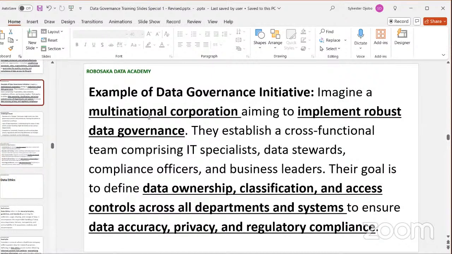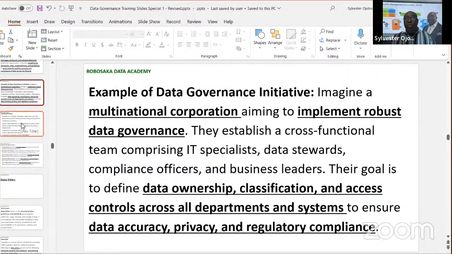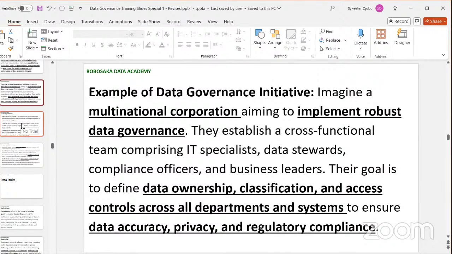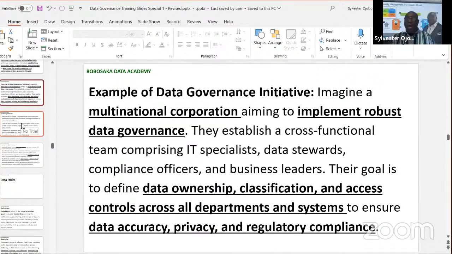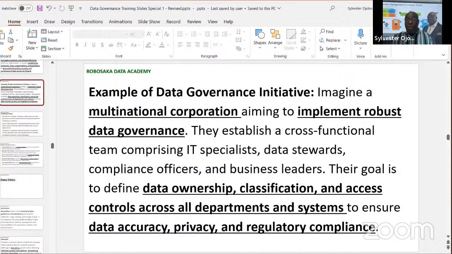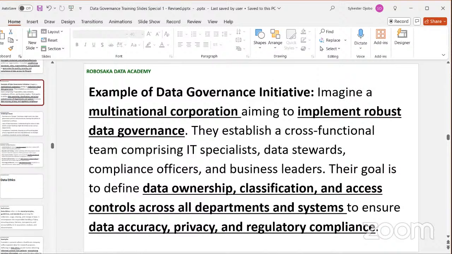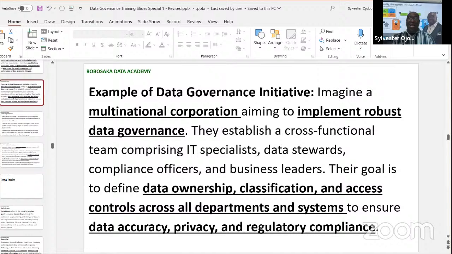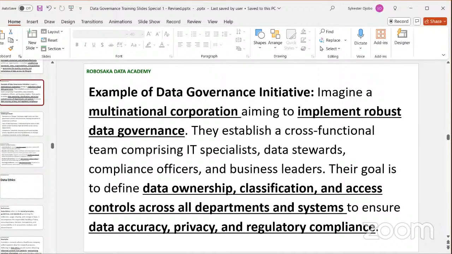A multinational corporation is a very big corporation with different branches in different countries or regions. So why do we need the robust program then? To avoid any legal wahala. To avoid breaching data.